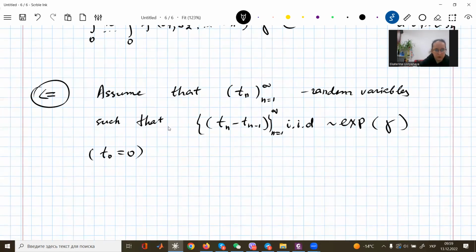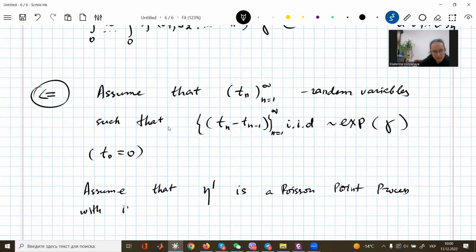Now we know this. Also assume that we have a Poisson point process eta prime, a homogeneous Poisson point process with intensity measure, as you told, gamma times lambda plus.